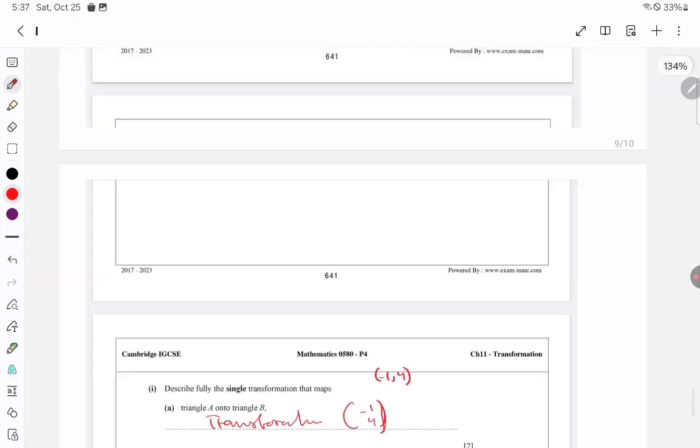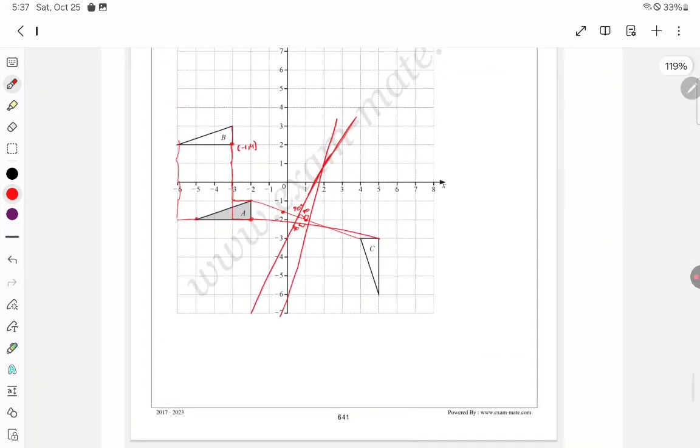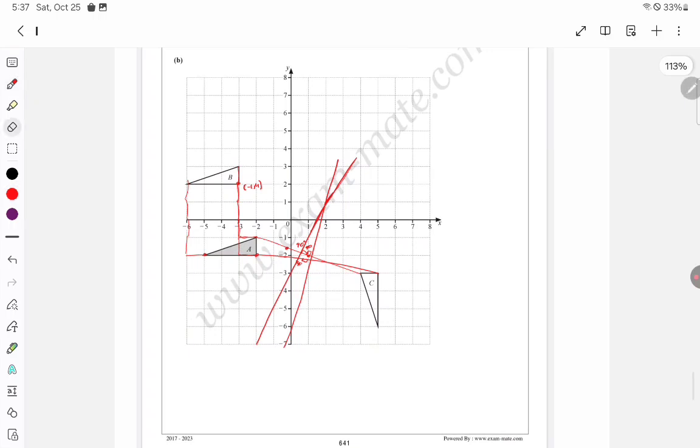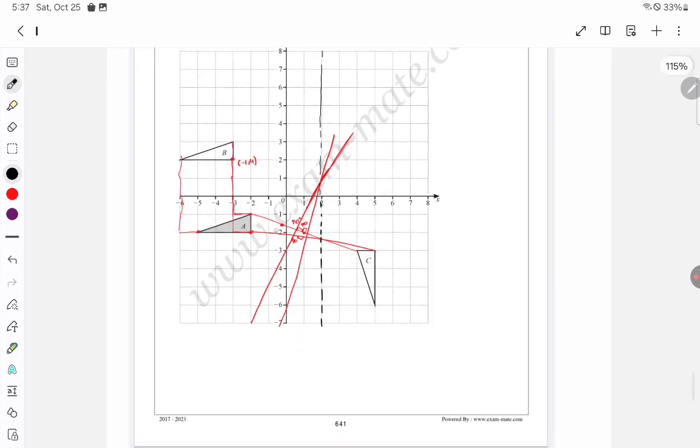Now for part 2, draw the image of triangle A after reflection in y equals 2. So our y value is fixed, which is positive 2. We can say that this is our y, which is constant.